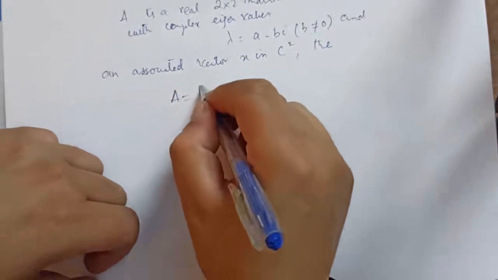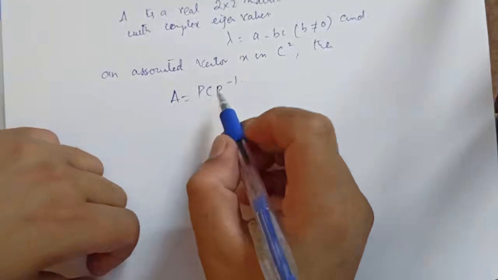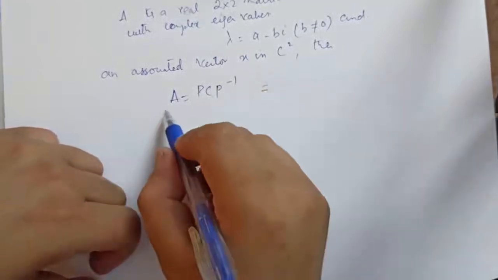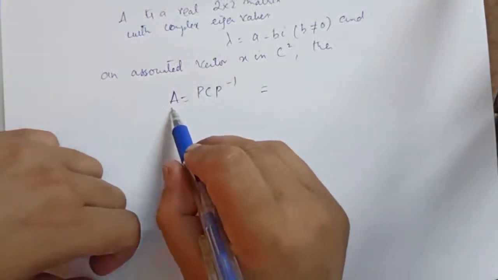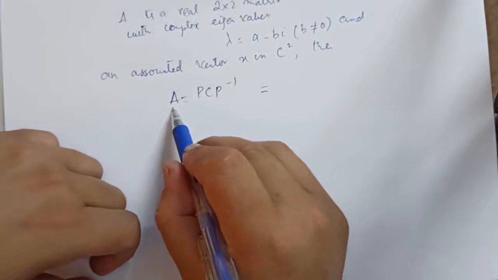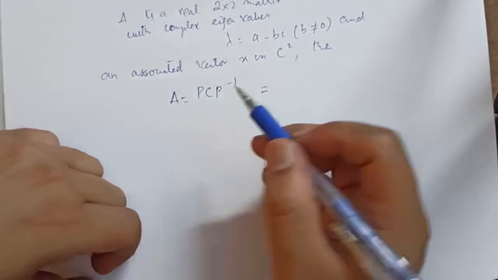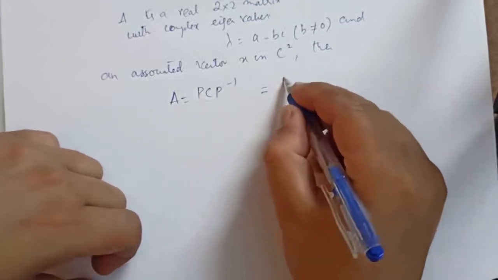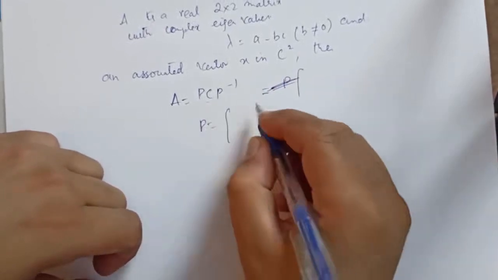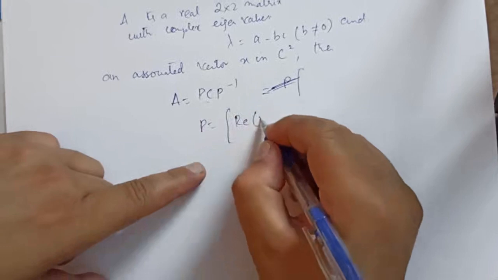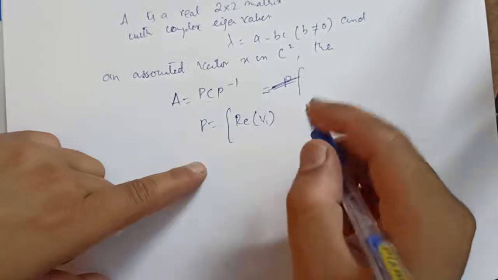A can be written as PCP inverse, right? So PCP inverse, where C is a rotation matrix. Again, A is also a rotation matrix though. But anyways, you can write this matrix A in terms of its eigenvalues. So P is nothing but the real part of V1 and the imaginary part of V1, where V1 is the eigenvector corresponding to lambda.